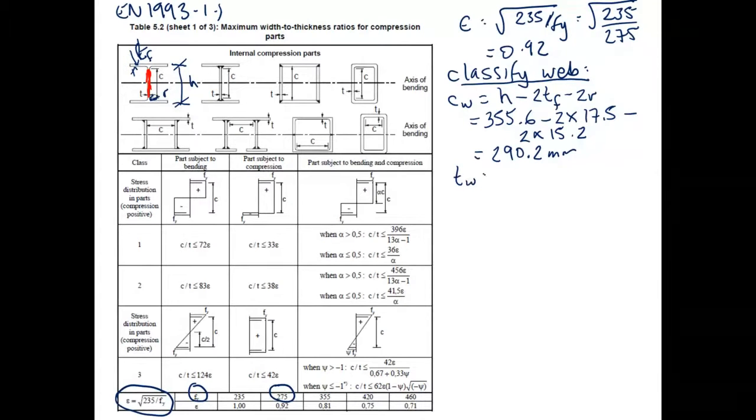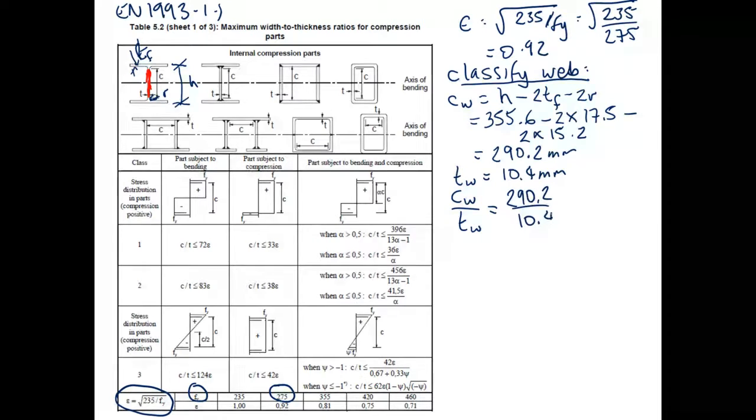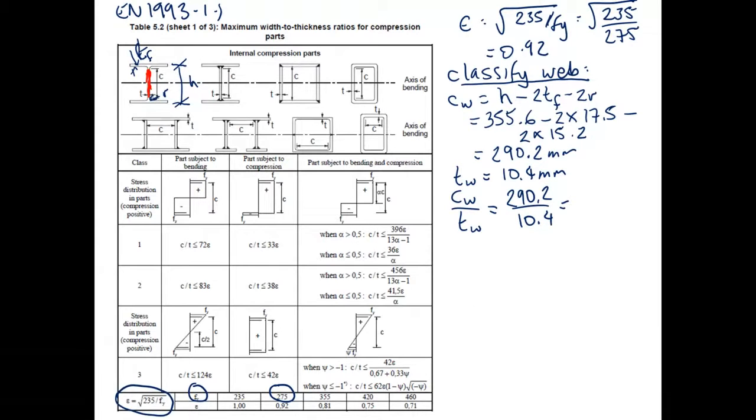We know the thickness of the web, which we got straight from the book, 10.4 millimeters. So therefore, the slenderness of that web is the unstiffened length of the web, C_w, divided by the thickness of the web, which is 290.2 divided by 10.4, which is 27.9.